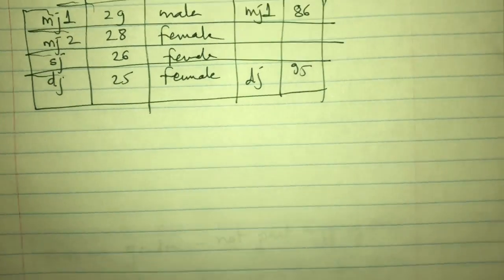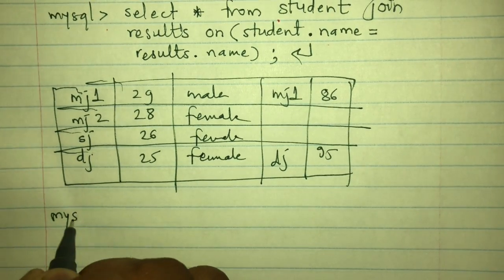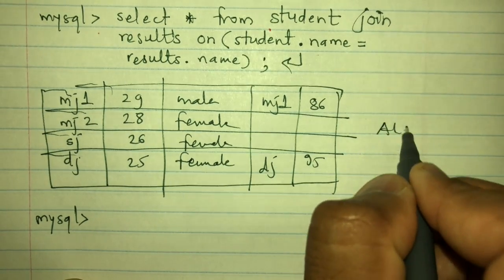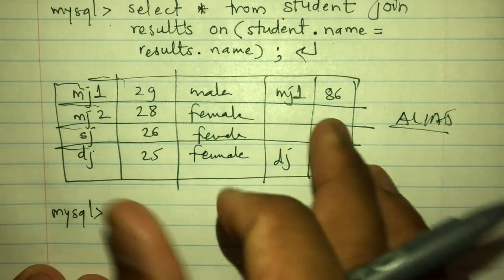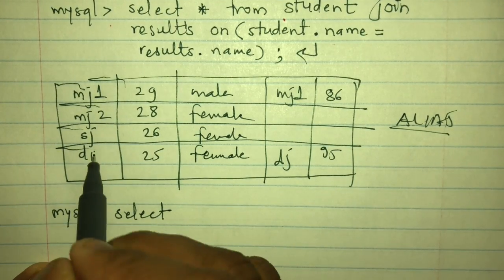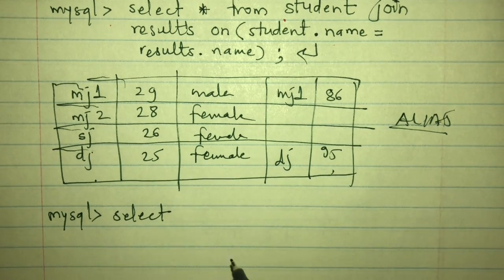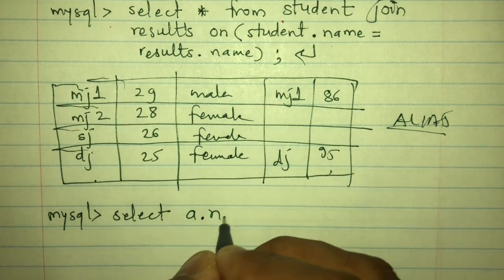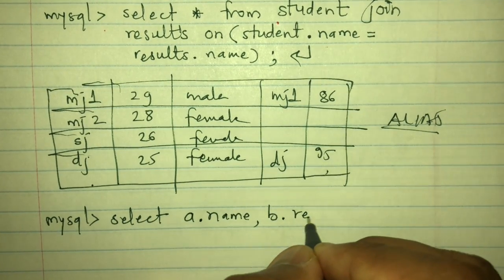Now there are other ways to write this join query. There is one more way to write this join query, and that is called an alias of the table. So the way it works is you can specify which columns you are interested in. So let's say I am interested only in the name and the result. I don't want to know their age or whether they are male or female. So I'll say select a dot name and b dot result.